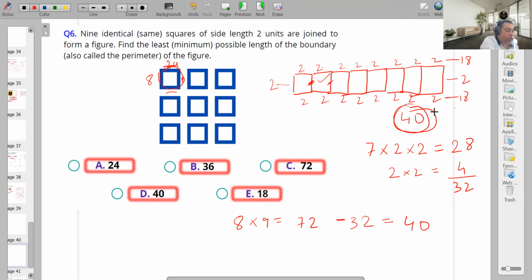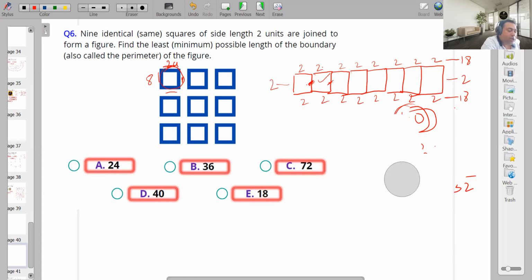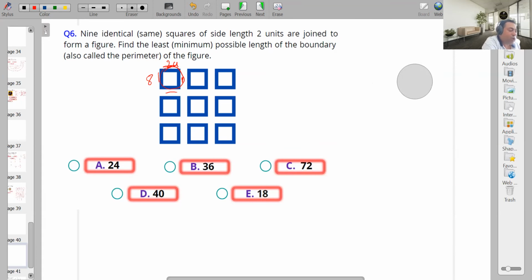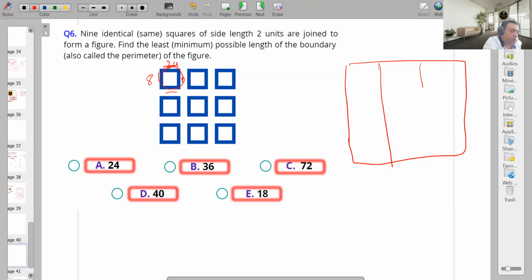So here the loss of the sides inside the composite figure is much less. If you want to increase this, you need to make the figure as squarish as possible. If you join this, it will become a large square like this. Now the corner squares are losing 2 sides each inside, the ones on the edges are losing 3 sides each, and the one in the center is losing all its 4 sides.